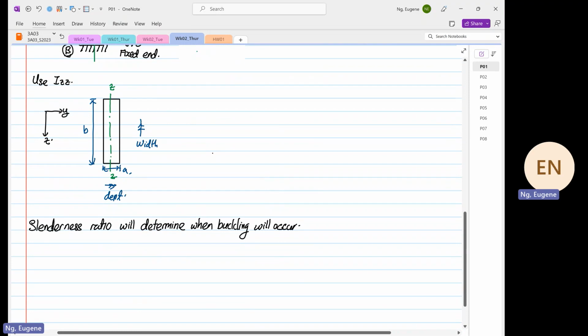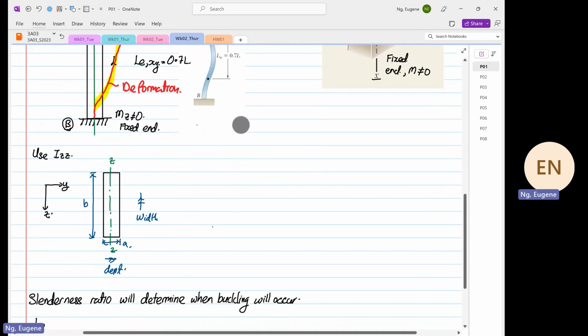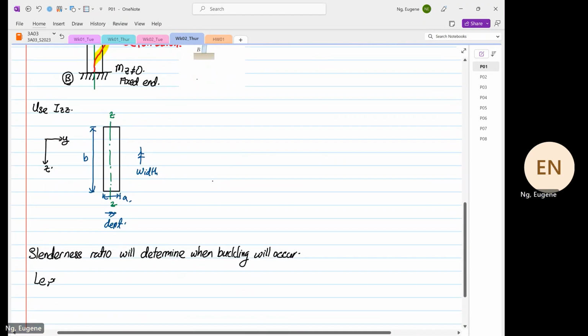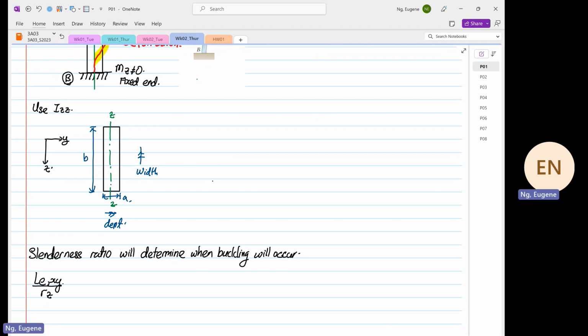So what we want to do is this. We want to make sure that the slenderness ratio, so LE at our XY plane divided by RZ. RZ is the radius of gyration about the Z-axis. Note that IZZ is equal to A RZ squared.